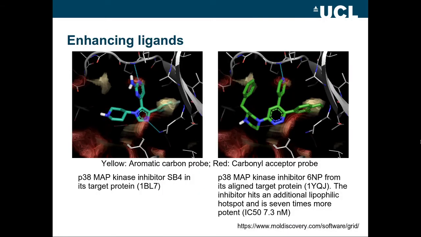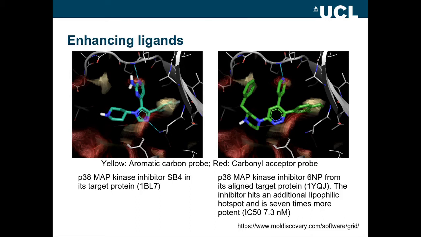So if we bring together then the ideas of docking small ligands into binding sites, together with these sorts of analyses of where particular groups would like to be, things like GRID and Excite, then we can start to enhance the initial ligands to improve their binding and improve their specificity.